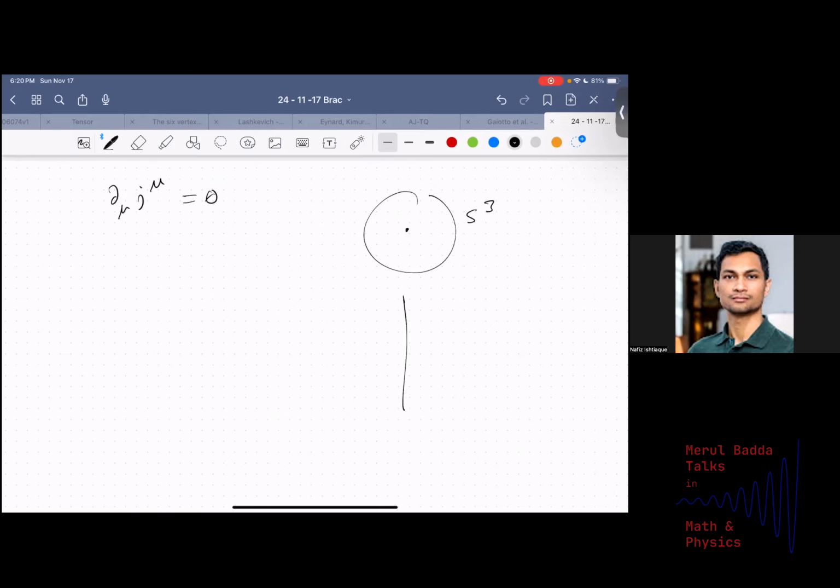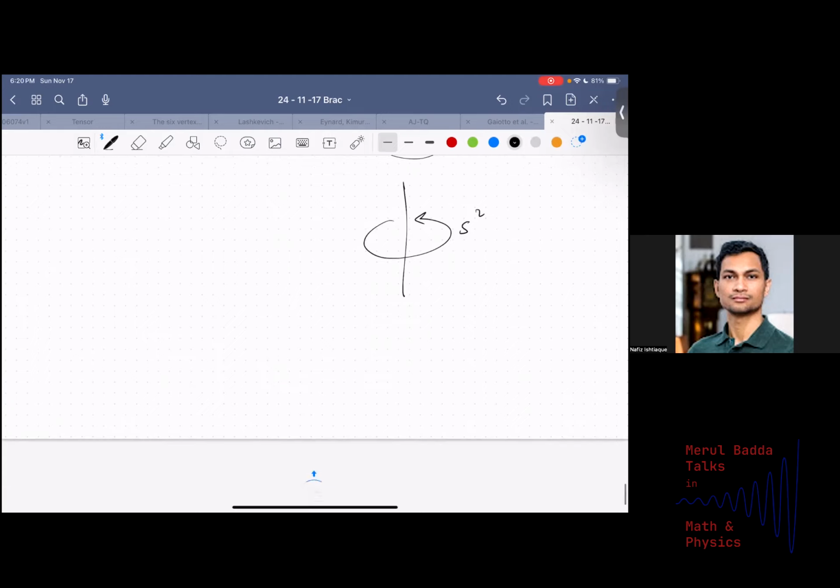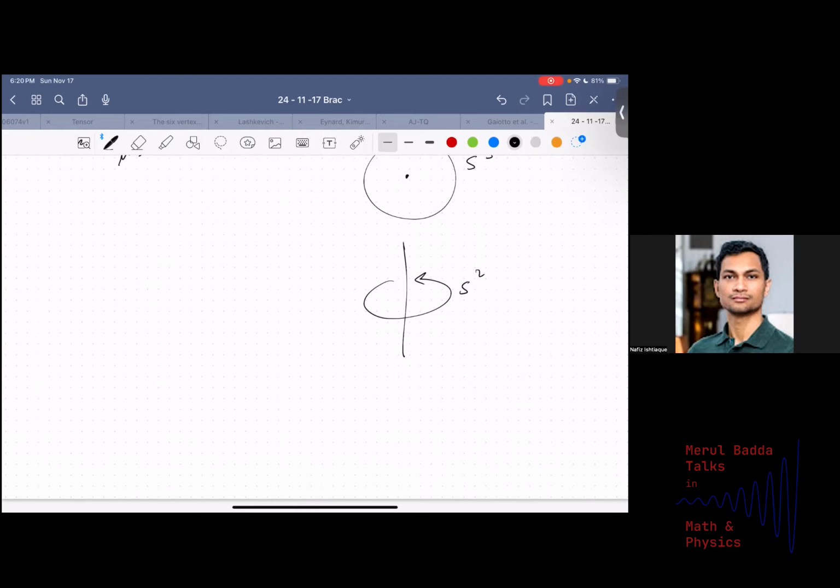Is it clear why it's an S2? My claim is that this has to be an S2. Okay, if it's not familiar, then think about it. It's just a matter of mental gymnastics.